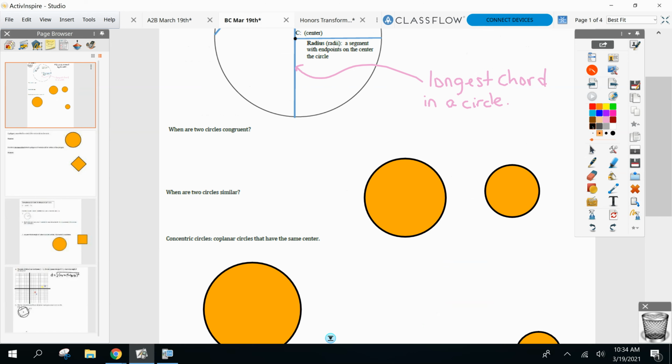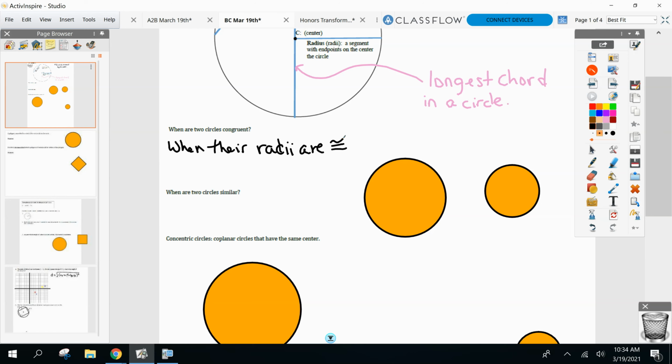So when are two circles congruent? When their radii are congruent. So if one circle has a radius of 5 inches and the other circle has a radius of 5 inches, they're congruent.